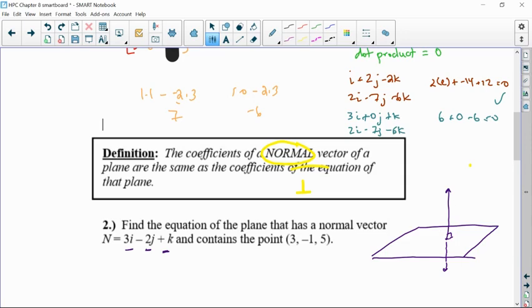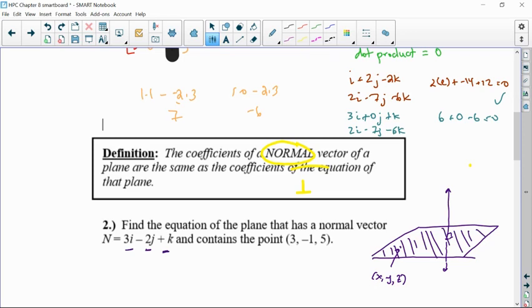Or if you want to talk about an equation of a plane, a point in space has an x component, a y component, and a z component. So if you're talking about the equation of the plane that has all of those points that satisfy a certain condition, they would have to have an x, a y, and a z.